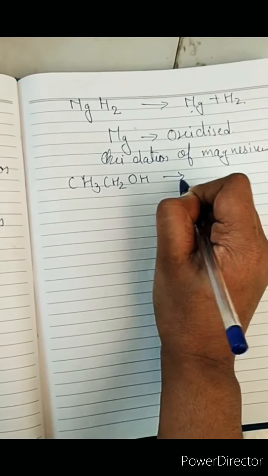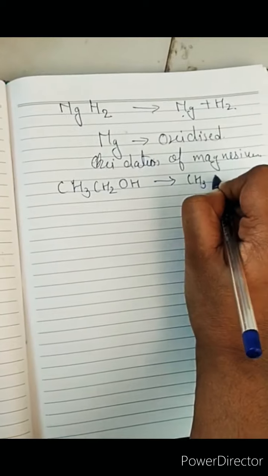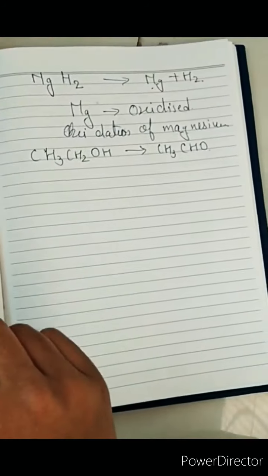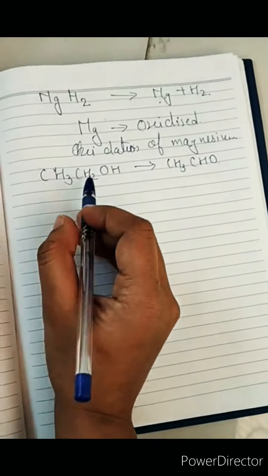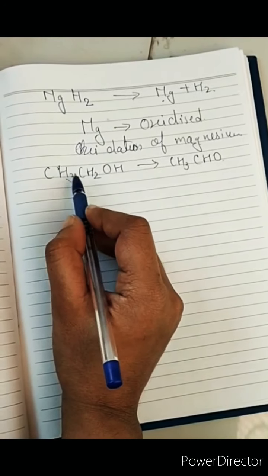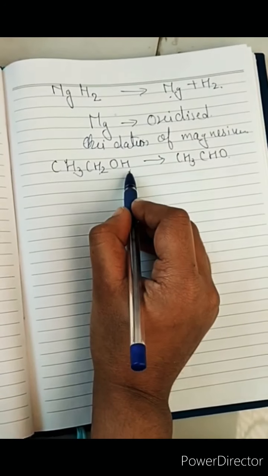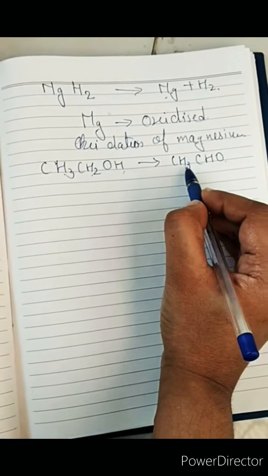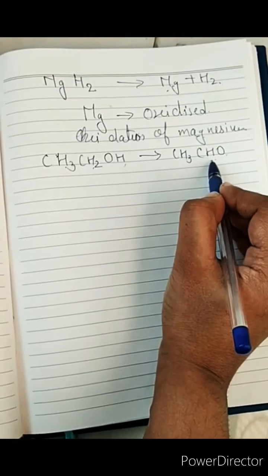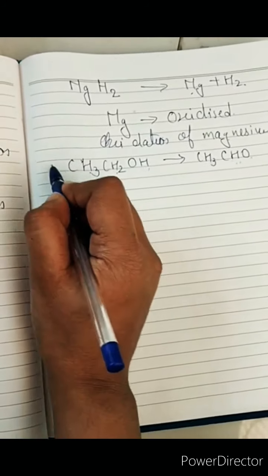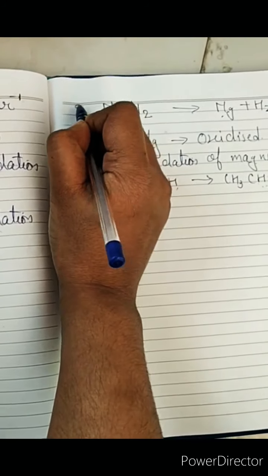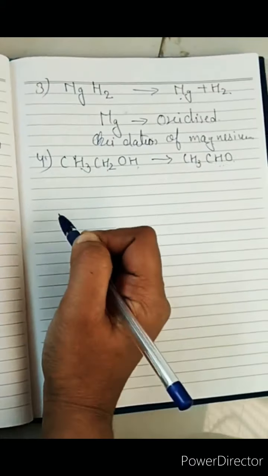that is CH3CH2OH. That will give you, let's say after reaction it will give you CH3CHO. So now look, here hydrogen is 3, 2 that is 5, that is 6. Six hydrogens are there, but after reaction we are left with only 4 hydrogen. So in this equation, let's say this is our fourth example.